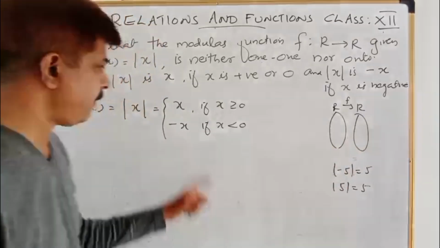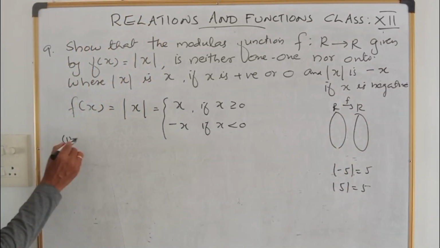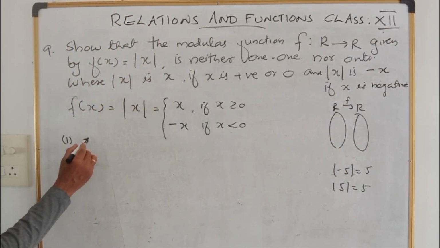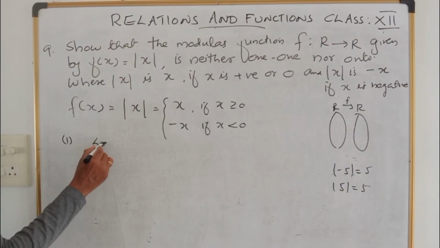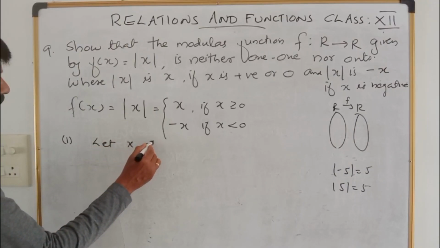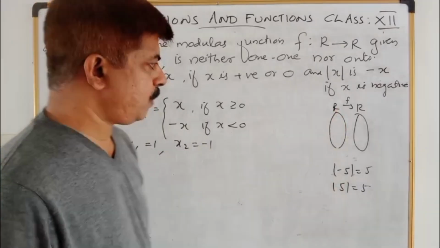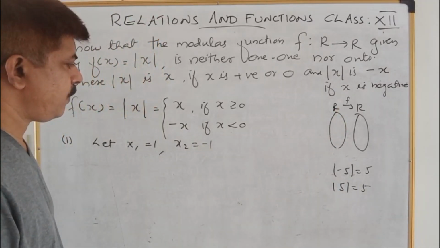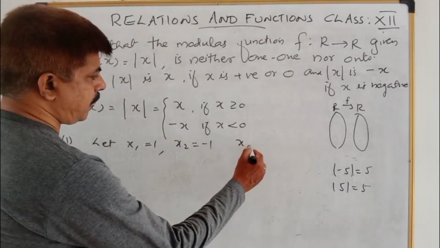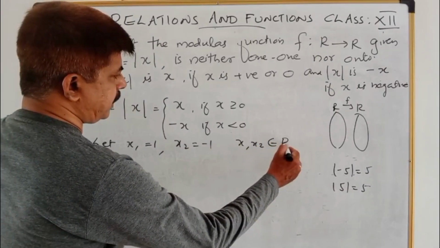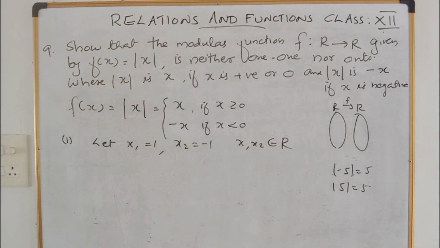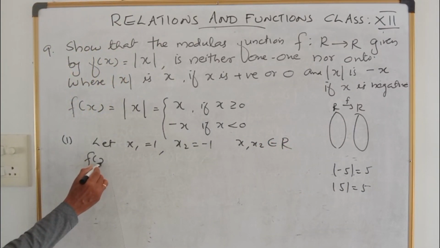So while proving, we have to choose two numbers from the real numbers, from the domain. So let us take x1 equal to 1 and x2 equal to negative 1 from the domain. Both belong to R, where R means real numbers. So what is f of x1?